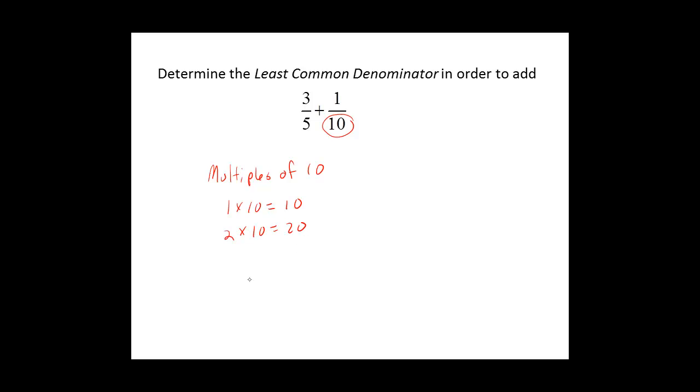And so forth. But we can stop because we see something that's divisible by the other denominator. 10 is divisible by 5. So 10 is the first number in the list of multiples that both 5 and 10 divide evenly. So 10 is our least common denominator.